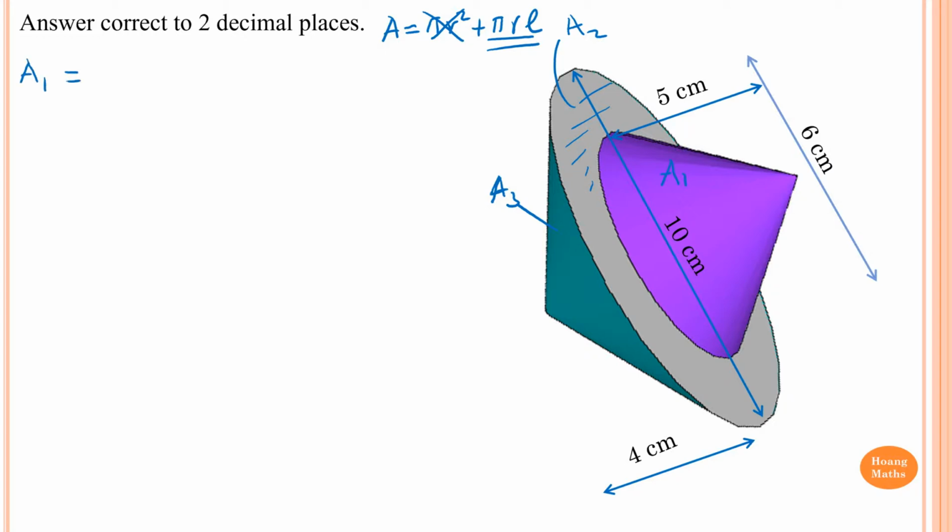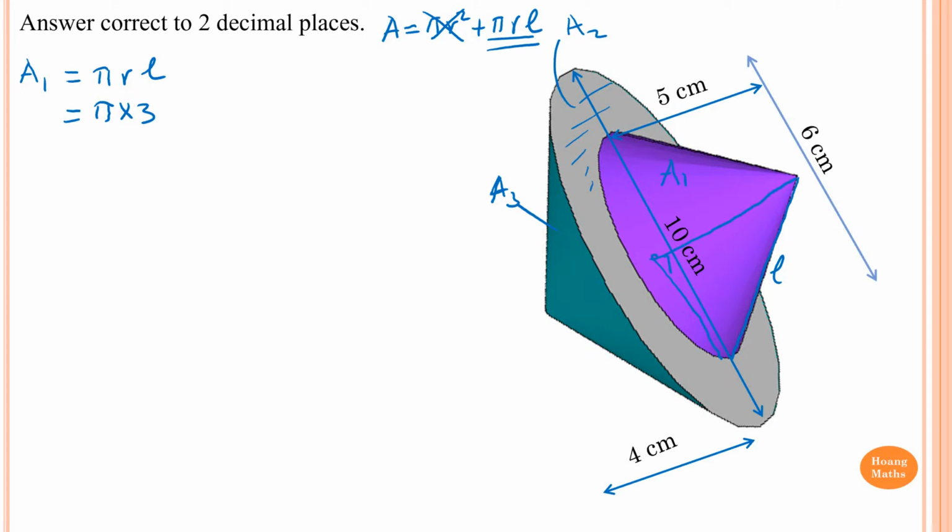A1 equals pi r l, so pi times the radius, which in this case is 3, because from here all the way to here is 3 centimeters, because the diameter is 6. Then we need to multiply by the slant height, this side here, so we need to find out the slant height first.